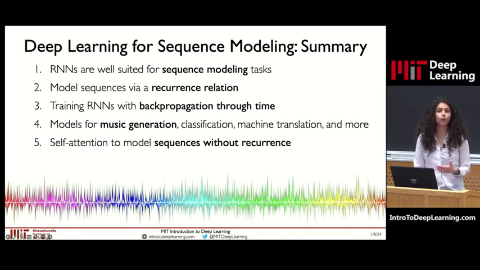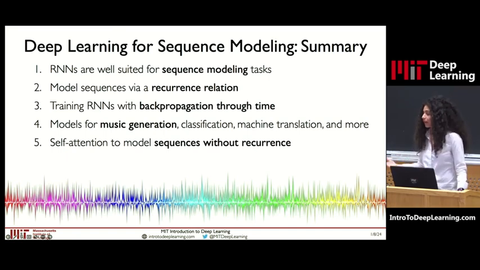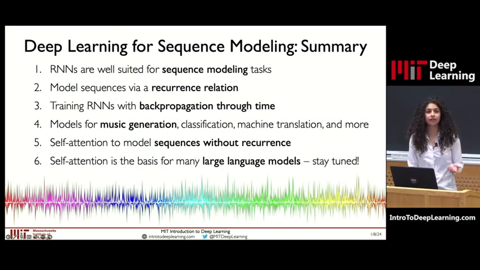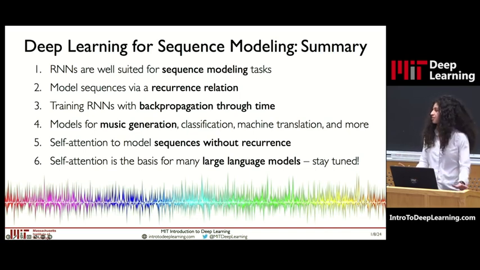We saw how we can go beyond recurrence to actually learn self-attention mechanisms to model sequences without having to go time-step by time-step. And finally, how self-attention can form the basis for very powerful, very large architectures like large language models. So that concludes the lecture portion for today.